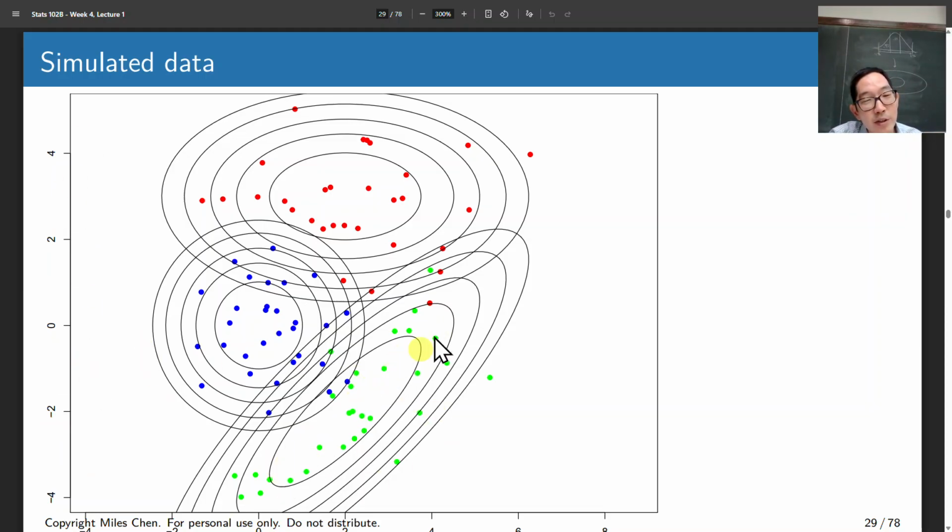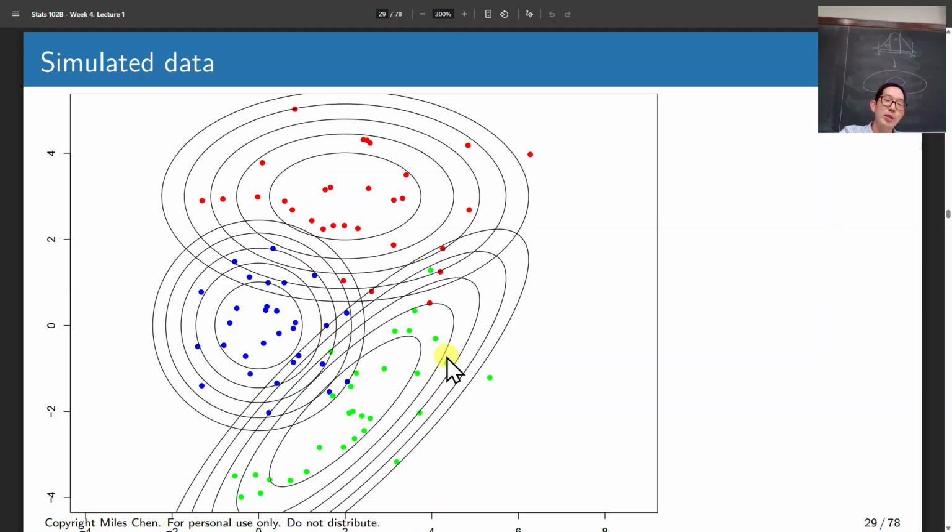Meanwhile, for class C, there is covariance, and so we see positive correlation between x1 and x2. x1 has variance 3 and x2 has variance 3. So we have that.